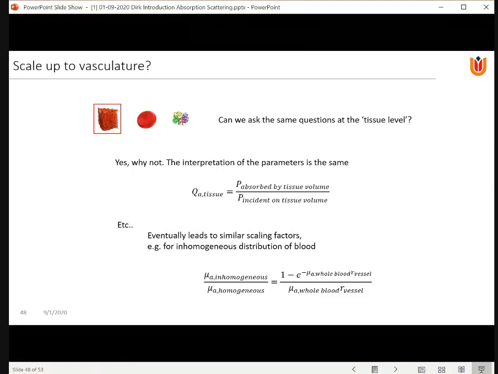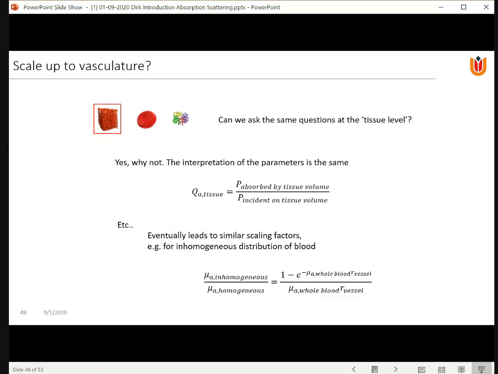Well, then another question is, okay, this was basically relating values for molecules to absorption values for particles. The question you can ask is, can we scale this even further up? Can we scale it up to the tissue level? And yeah, why not?